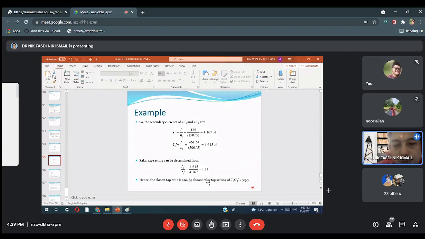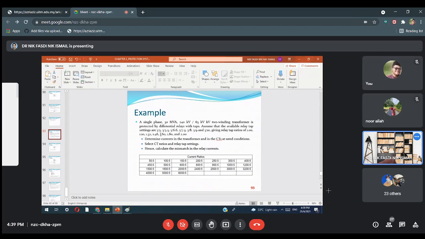So the chosen relay set is I1 prime over I2 prime is 5 ratio with the 5.5. Yang mana yang ini, ini is tap setting. Ini tap setting kat sini. Okay, ini ialah ratio between the current of I1 prime and I2 prime over I1 prime.